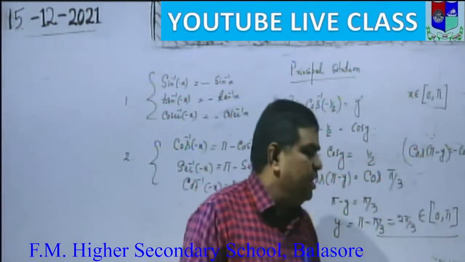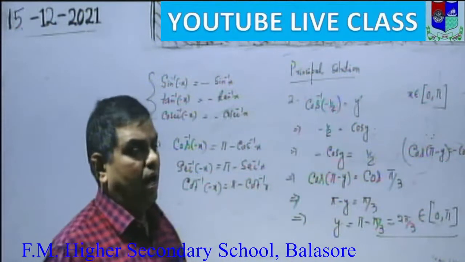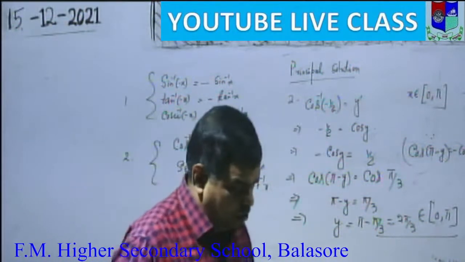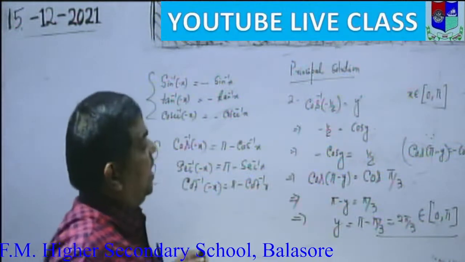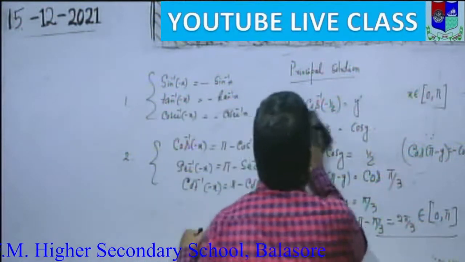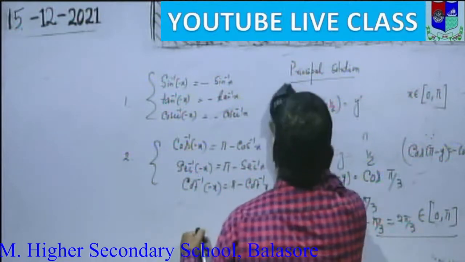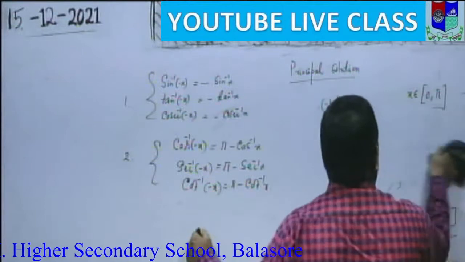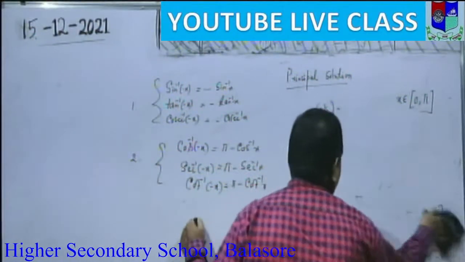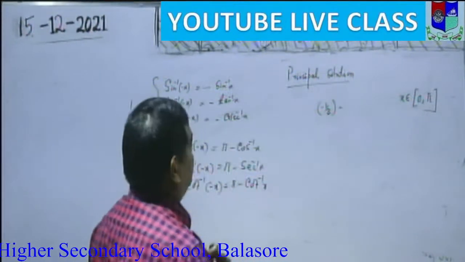This is your answer. Now we are considering what is the principal solution to sin inverse minus half. If it is sin instead of cos, if it is sin inverse minus half, what is its principal solution?